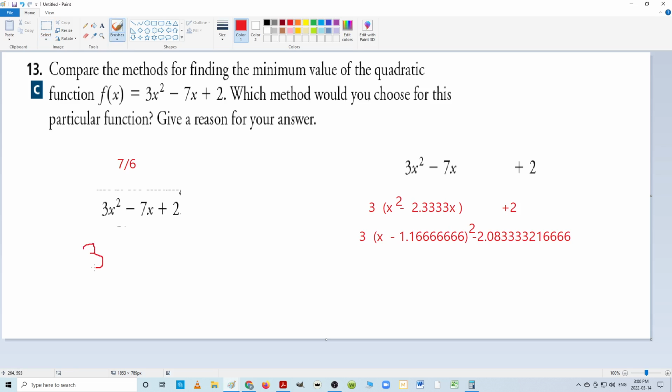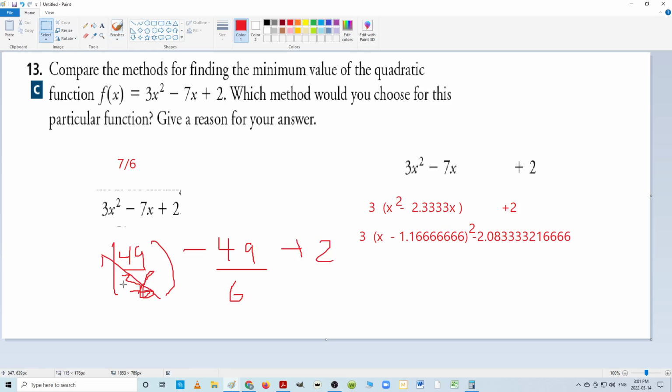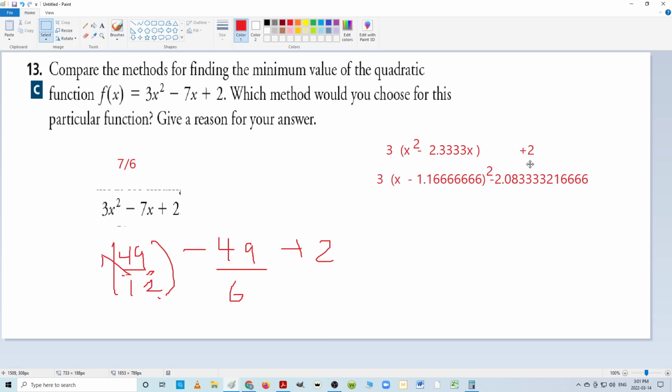So 7 over 6 squared is 49 over 36. Then minus 7 times 7 over 6 is minus 49 over 6 plus 2. So I got a lot of fractions. But the 3 goes into the 36 here, 12 times. So I can replace this with a big old 12. So it's not hellish. And I'll just keep this aside.